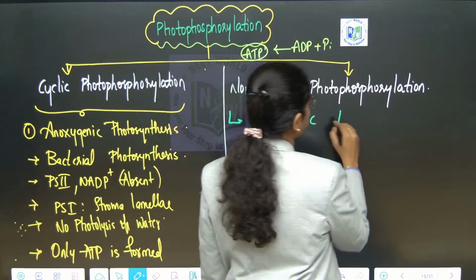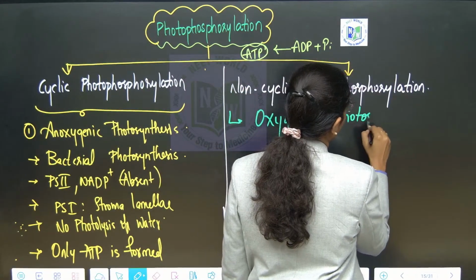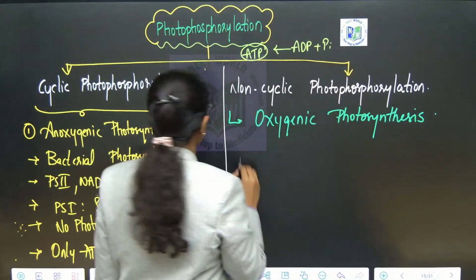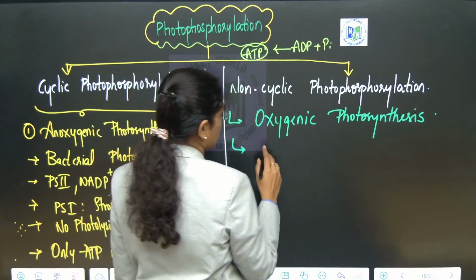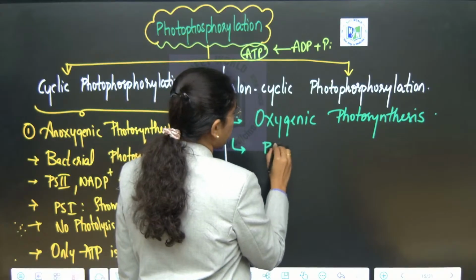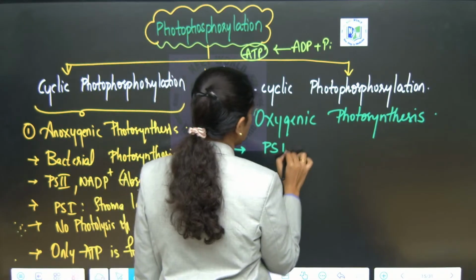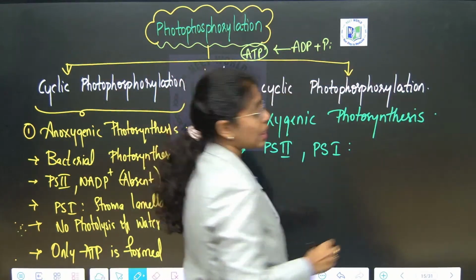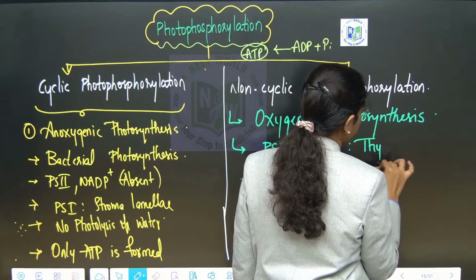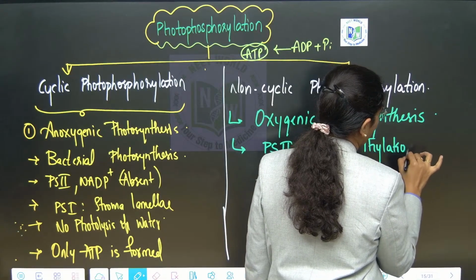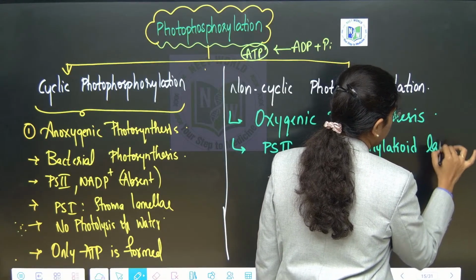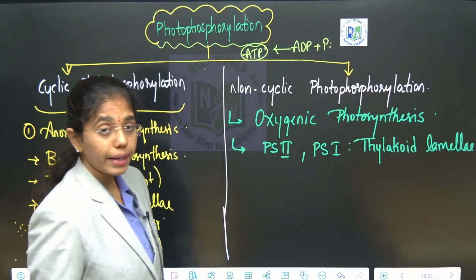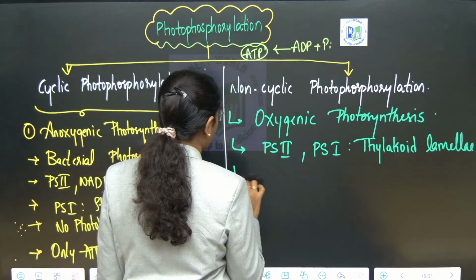Both photosystem 2 and photosystem 1 are present, situated in thylakoid lamellae. Fine, right? And here photolysis of water occurs.